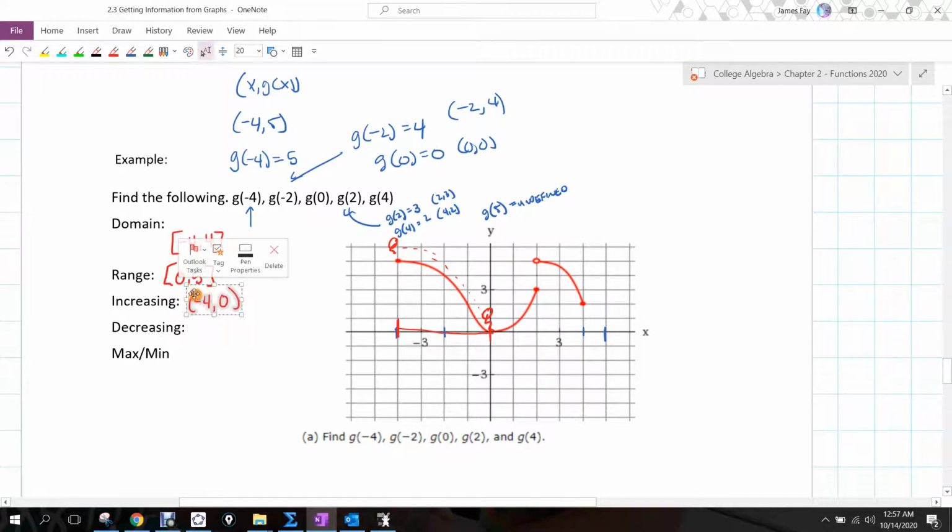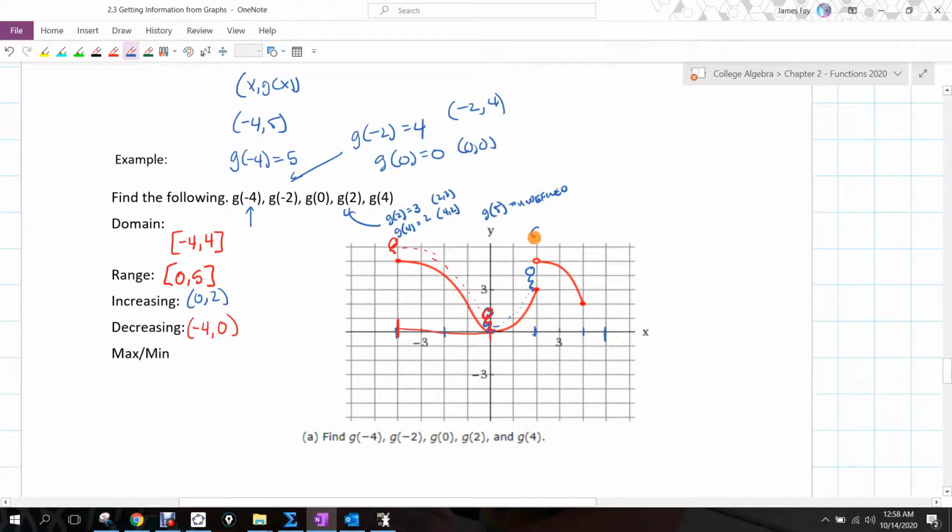Okay, then from 0 you're going to walk to here, and now we are increasing. We're increasing from 0 on the interval from 0 to 2. Remember, we're always answering increasing or decreasing using the x values.